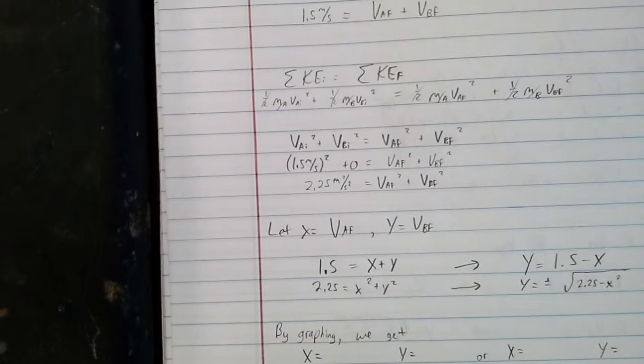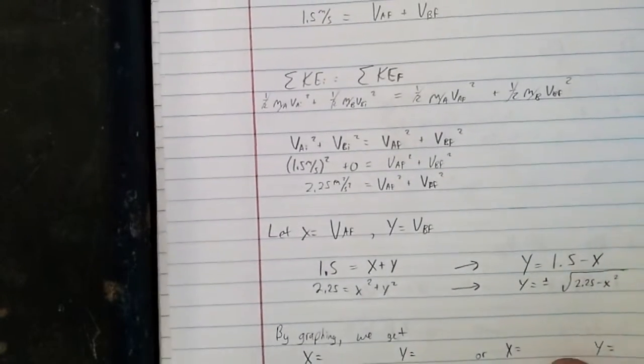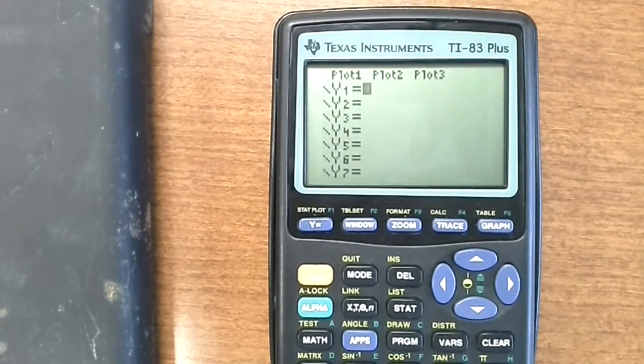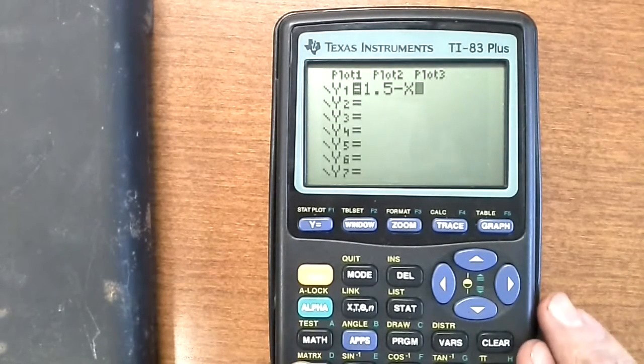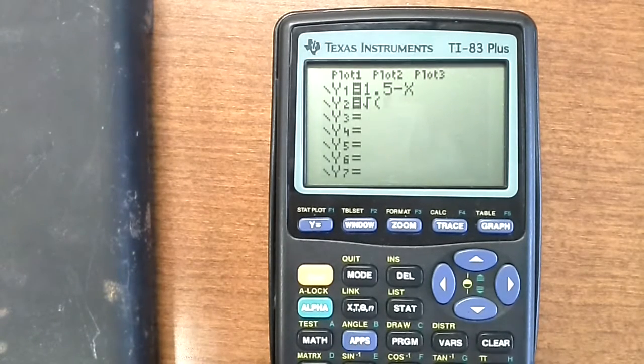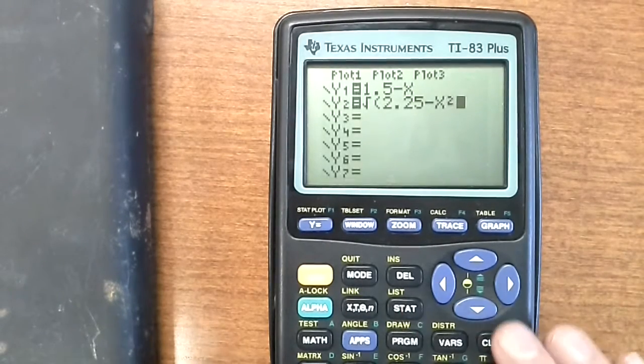So once again we have a system of equations to solve, and this is another good one for solving by graphing. So let's set that up. Again, we're going to graph those two functions, and we had 1.5 minus x as the first function, and the second one was plus or minus, so we'll have to do this as two separate functions, plus or minus the square root of 2.25 minus x squared.